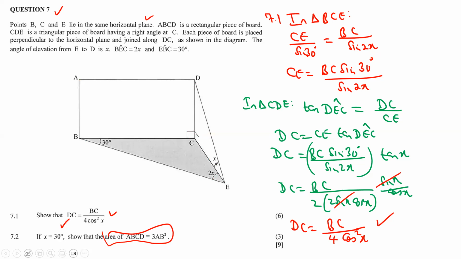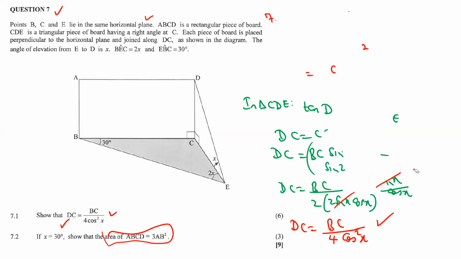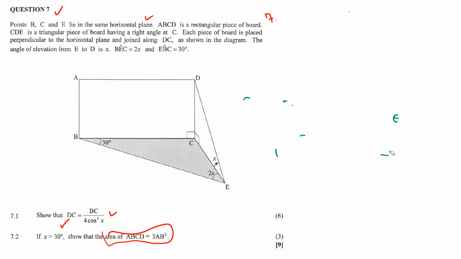Let's erase 7.1. Right, so we're done with 7.1. We clean the board, and then we're moving on. So now we're looking at 7.2.